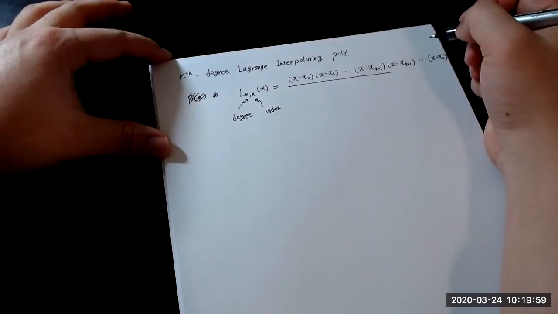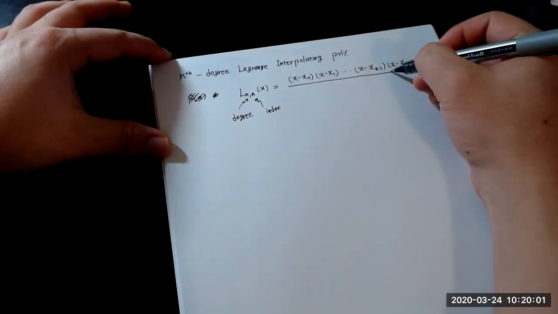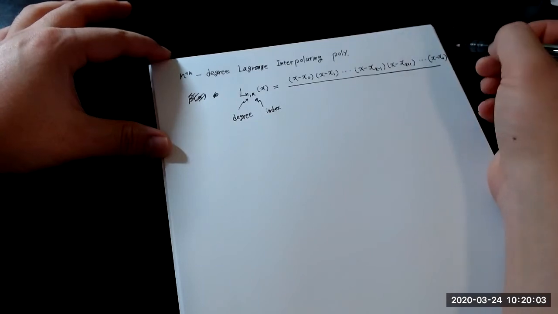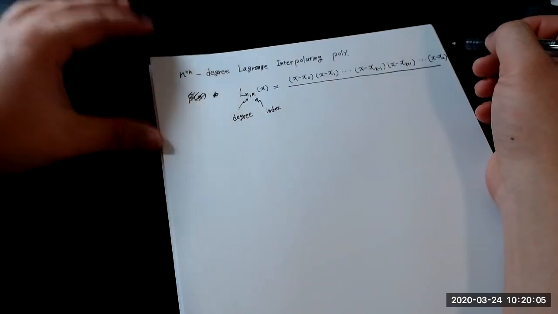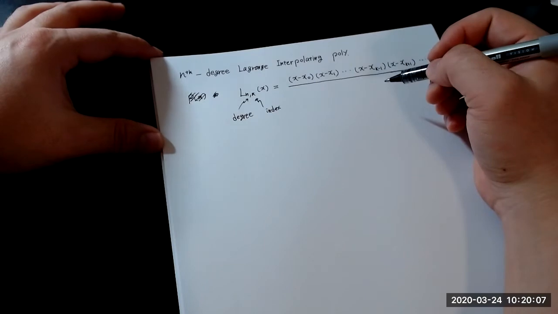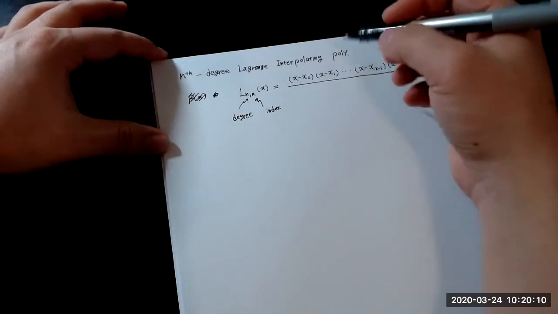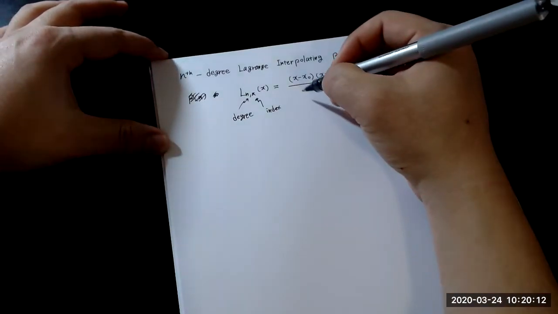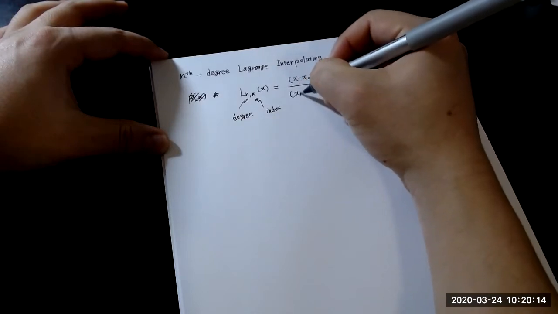So we assume that n plus 1 nodes are given. Okay, so the denominator is going to be xk minus x0.